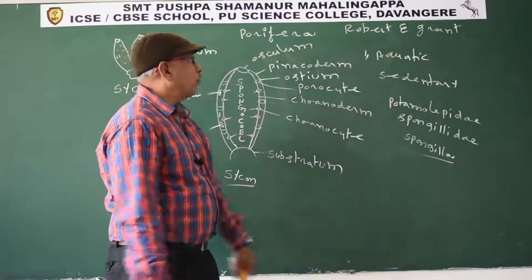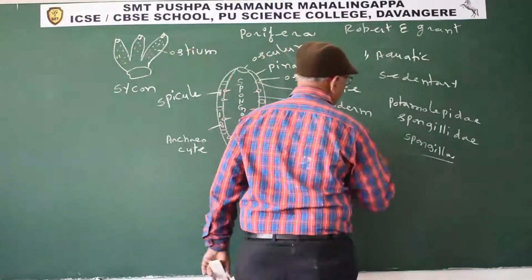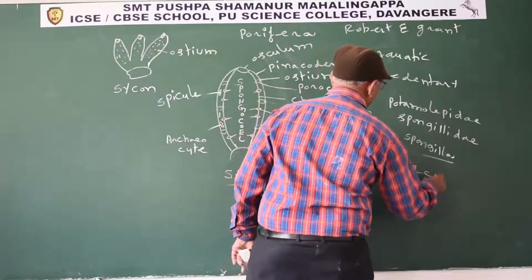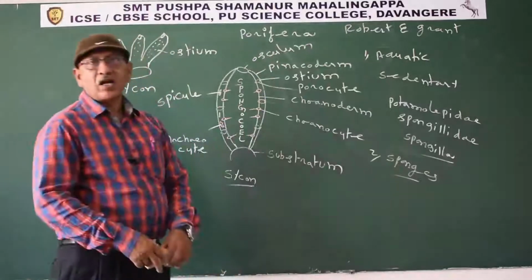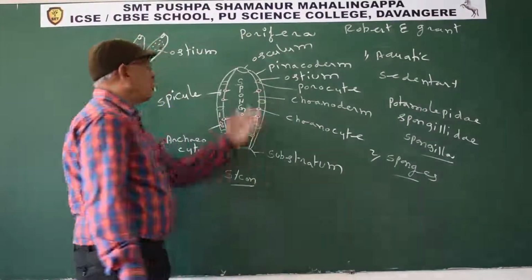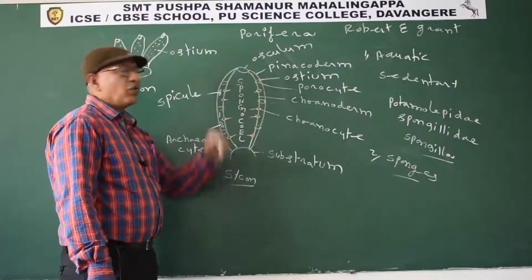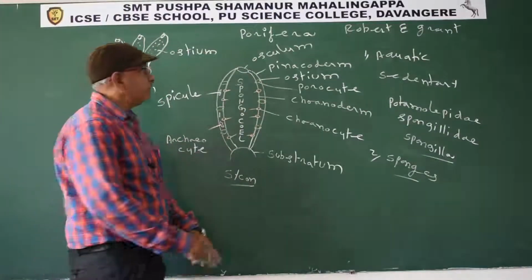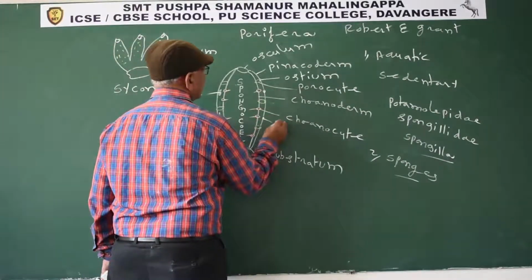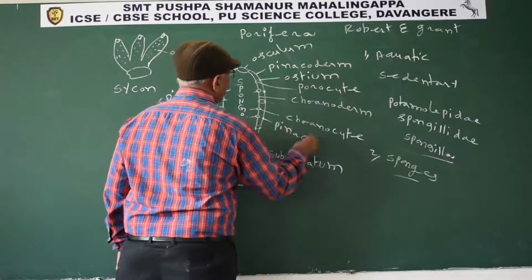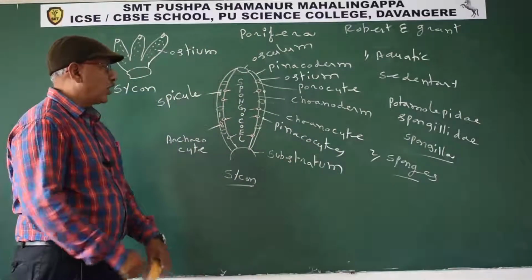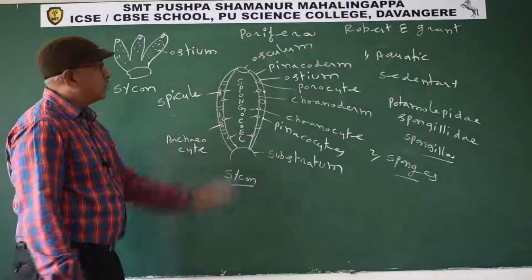Members of phylum Porifera are commonly known as sponges. Next point, the body wall contains an outer pinacoderm and an inner choanoderm.